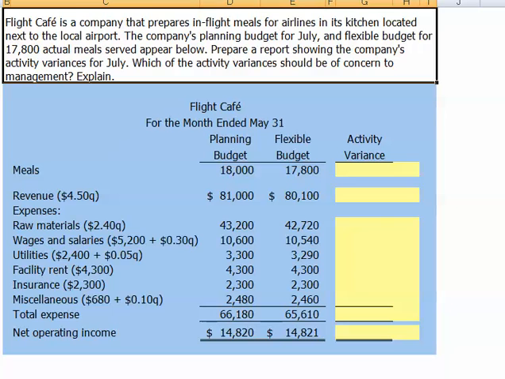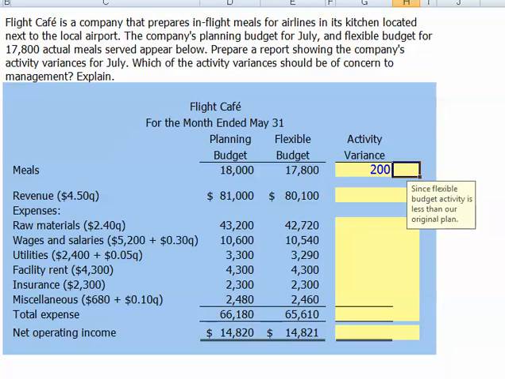Again, down below we have our planning budget, which was based on 1,800 expected meals, and the flexible budget, which is based on our actual number of meals served, which was 17,800 meals. Since the actual number of meals is 200 less than we had originally planned, overall, we would say our activity variance is unfavorable.